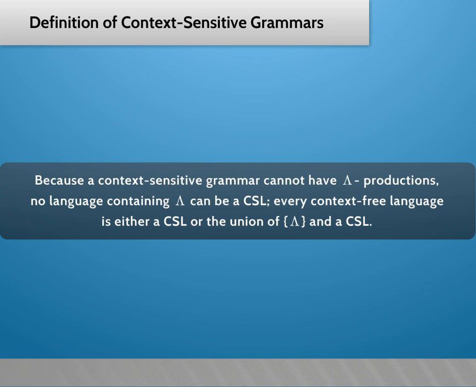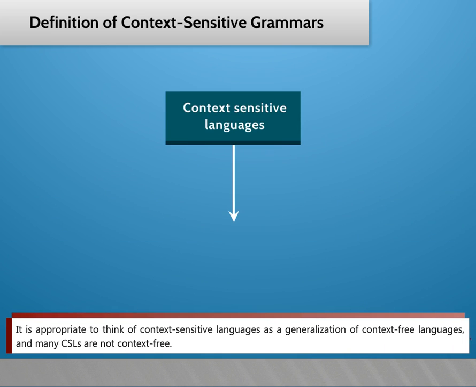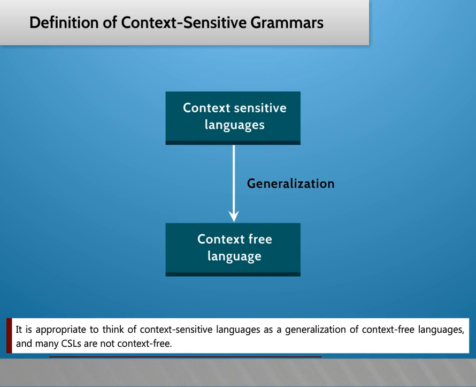Every context-free language is either a CSL or the union of {Λ} and a CSL. It is appropriate to think of context-sensitive languages as a generalization of context-free languages, and many CSLs are not context-free.